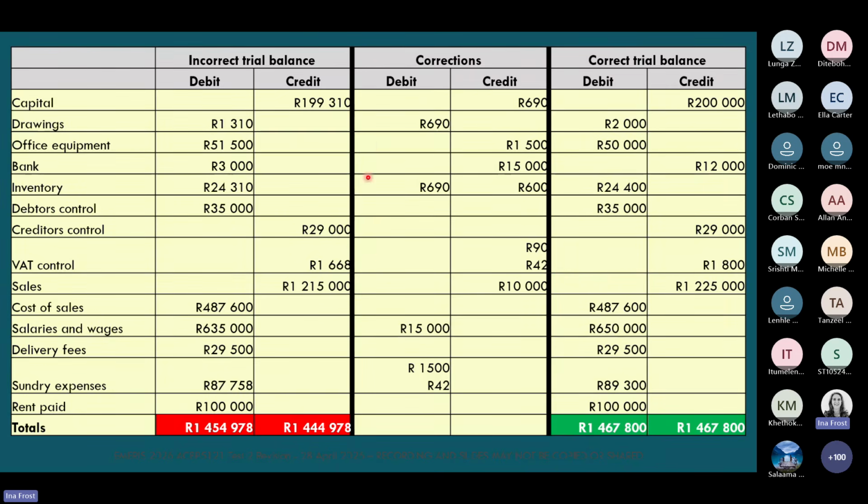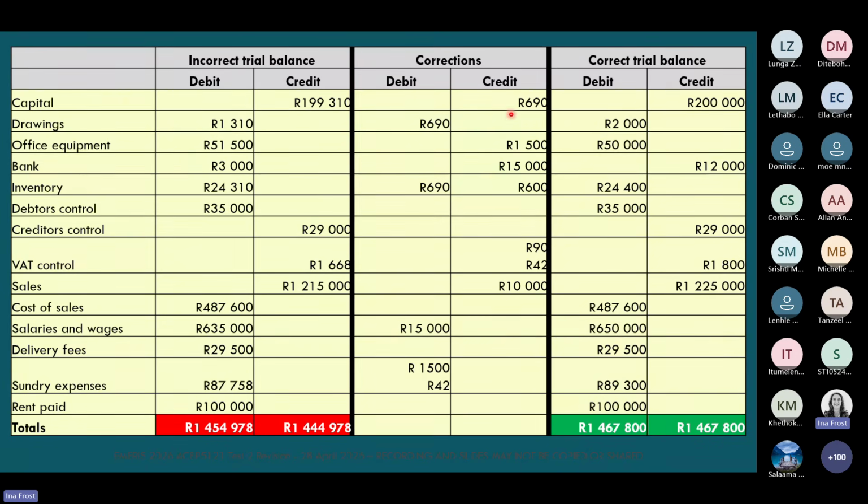And again, here you need to use your debit-credit to determine whether this will result in an increase or a decrease for that specific account. Then the last thing you're going to do is to prepare your correct trial balance. And to do that, you start with your incorrect trial balance.